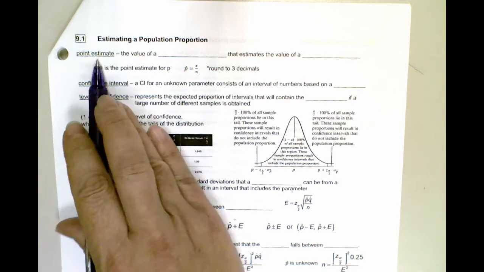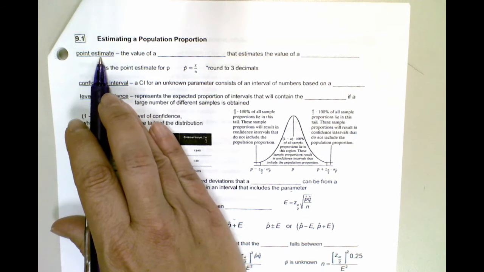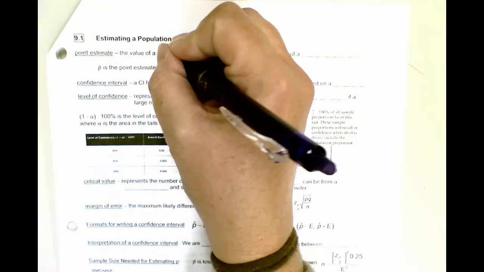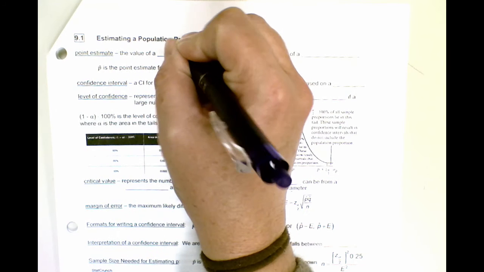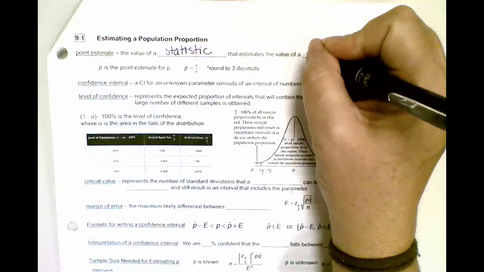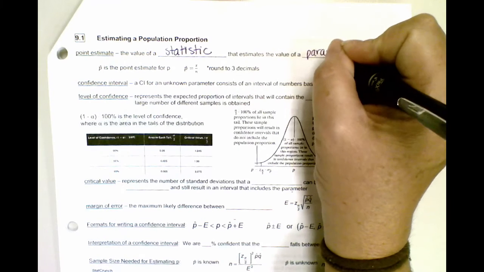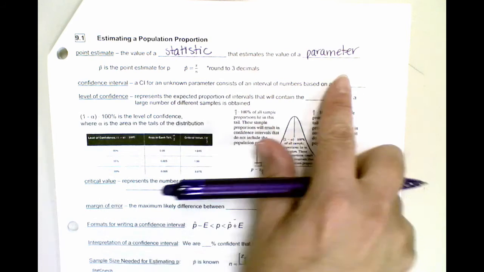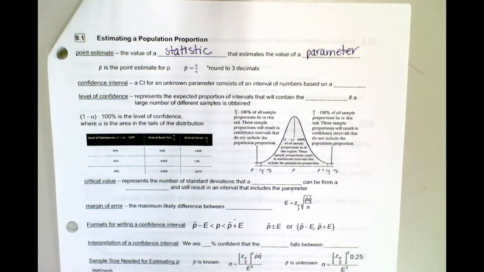So one definition that you need to know is point estimate, because it will ask you what is the best point estimate of, and then it'll give you something that we're trying to estimate. So a point estimate is the value of a statistic that estimates the value of a parameter. So remember, statistic is for the sample, parameter is for the population.